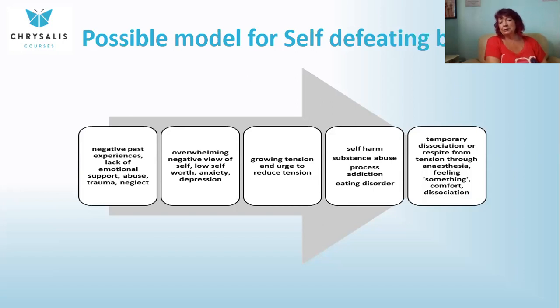So the more complex self-defeating behaviours that we've looked at are substance abuse and process addiction, and today we're looking at self-harm and eating disorders. And when they do those things, there's a temporary dissociation, or there's respite from that tension that they're feeling.